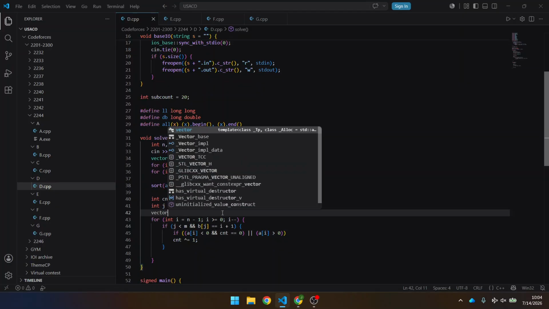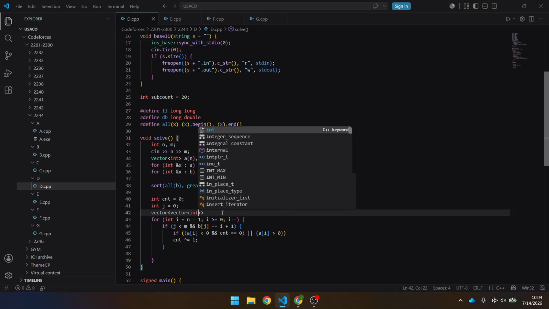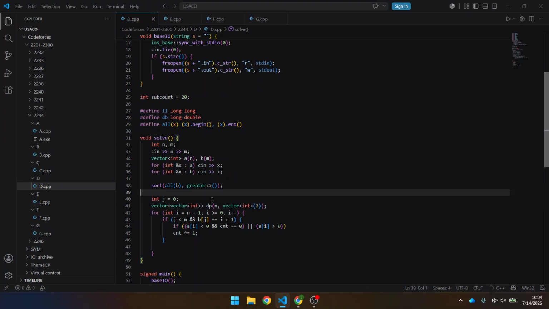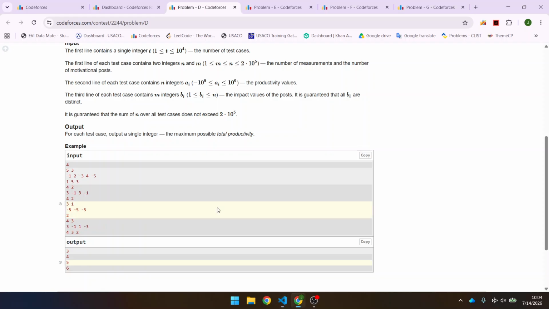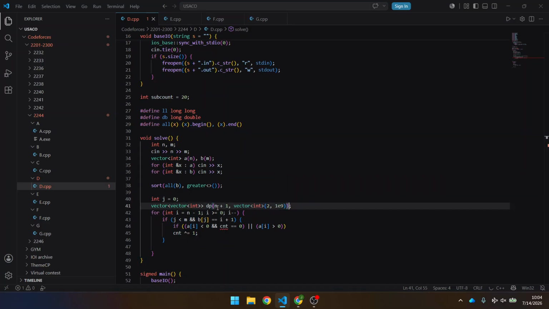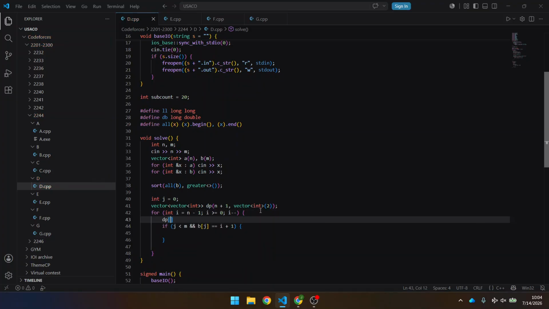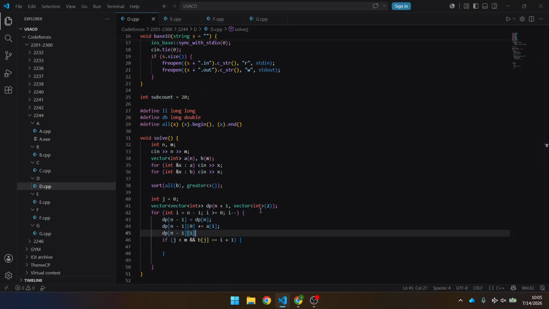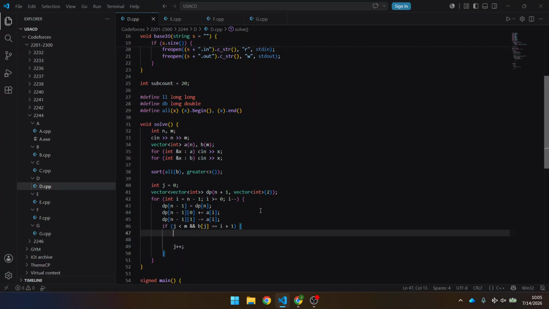We can use a DP because dp[n]... is dp[n minus 1][0] plus equal to a[i], dp[n minus 1][1] minus equal to a[i], j plus plus.